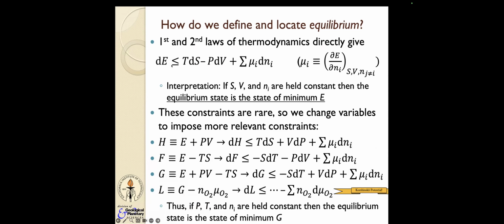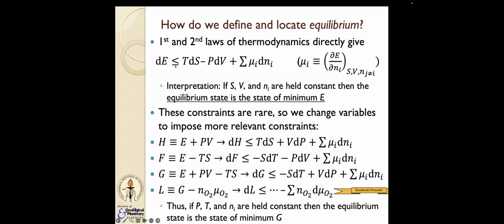And the simplest interpretation of this equation is that if I manage to hold a system at constant entropy, so that dS is 0, and at constant volume, so that dV is 0, and at constant composition, no exchange of matter with the environment, so that the change in the number of moles of every component is 0, then the entire right-hand side of the equation is 0, and it says dE is less than or equal to 0.